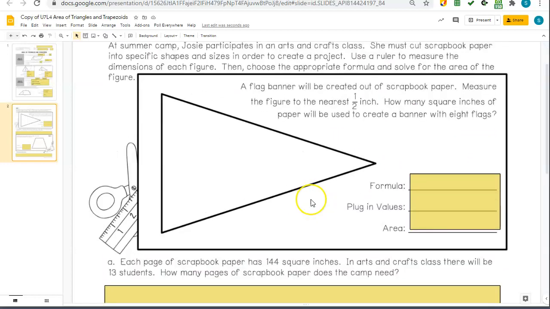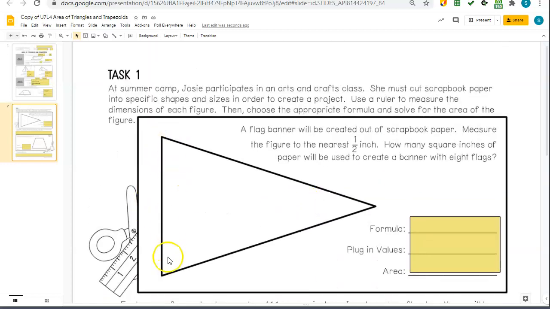Alright, so we could measure this side, or this side. Let's go ahead and label those, and I'm going to ask you a couple questions. So I label this side A, and then I'm just going to copy this and put a little B over here, a little C over here.